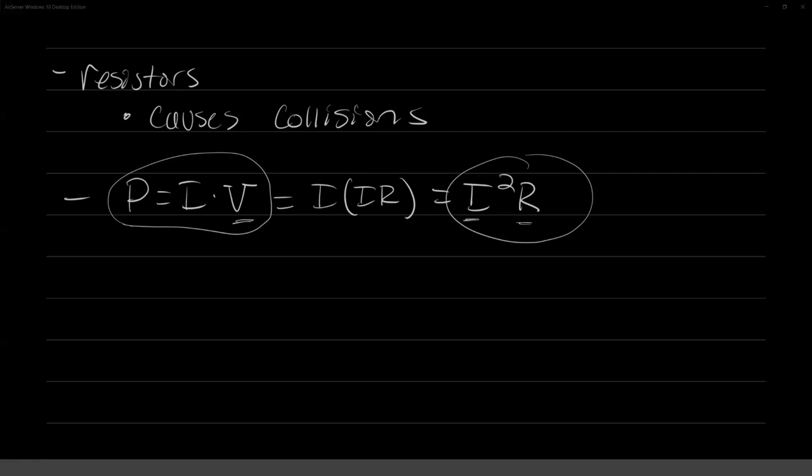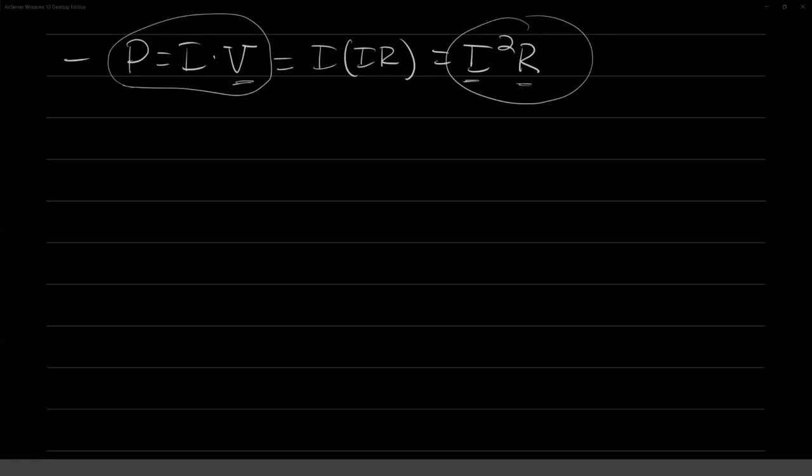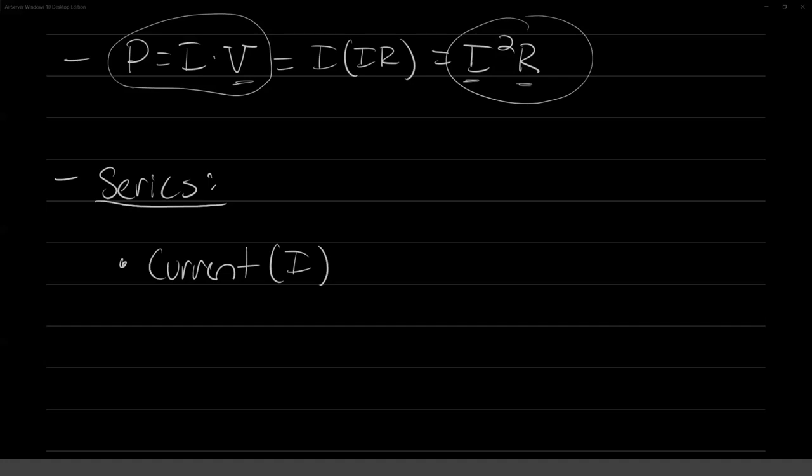That's where we started talking about series and parallel and how the rules change when you're in the 2 different circuits, right? So let's talk about series first. In series, we can say that current, or I, is constant throughout, the same throughout.